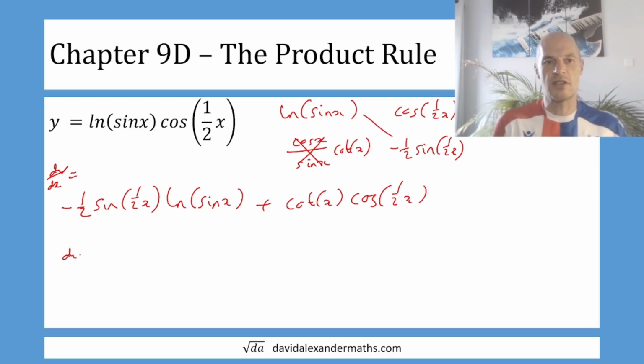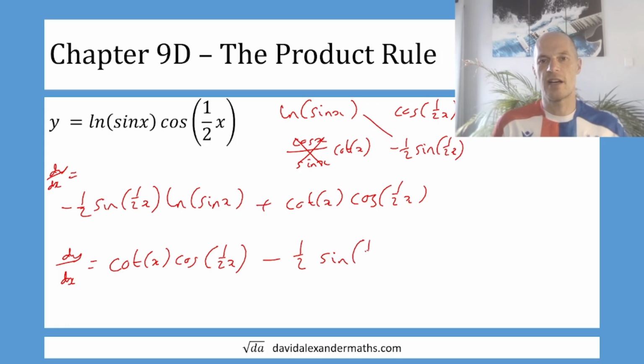And since the first term is negative and the second part is positive, it might be easier if we just wrote it as the cot of x multiplied by the cos of 1/2 x, take away 1/2 sine 1/2 x ln sine x. There we go, and we're done.